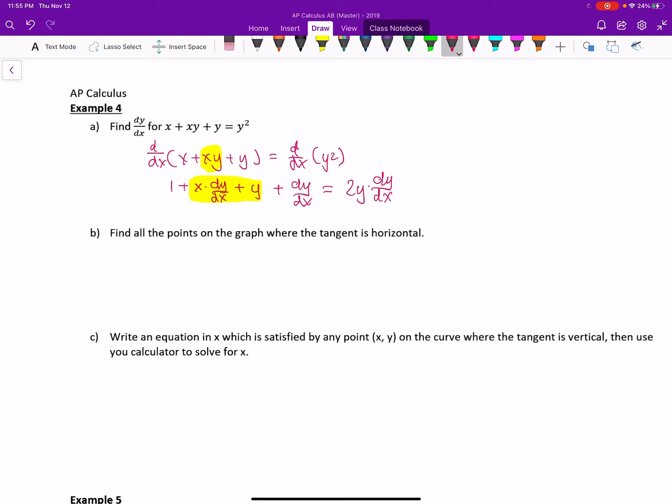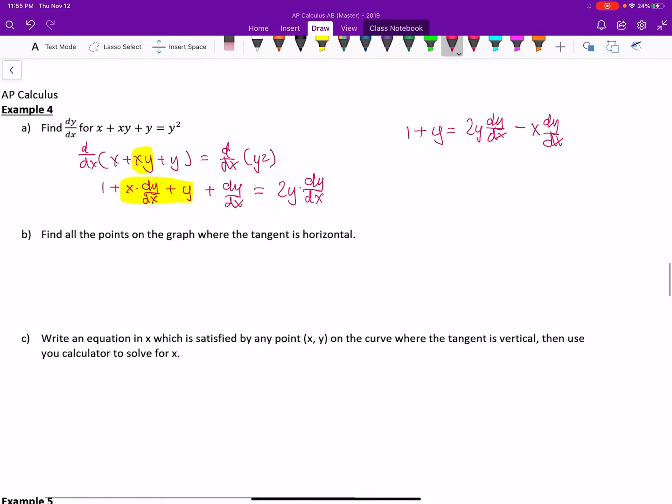And then I'm going to solve for dy/dx by moving all of the terms with dy/dx to one side. I think it's just easier to leave it as 1 plus y is equal to 2y dy/dx minus x dy/dx minus dy/dx.